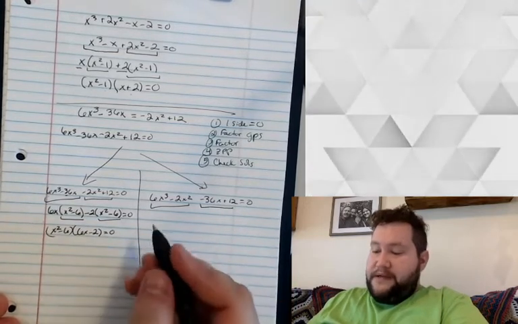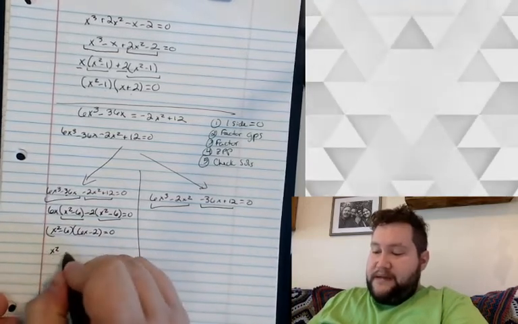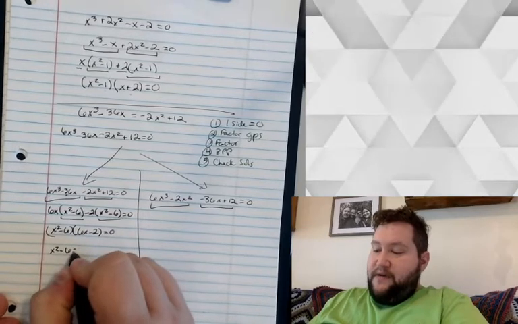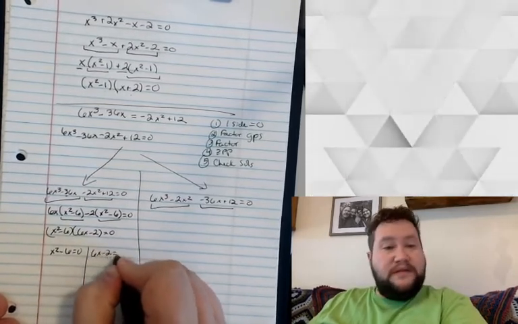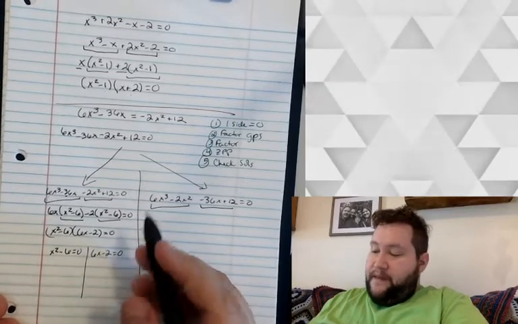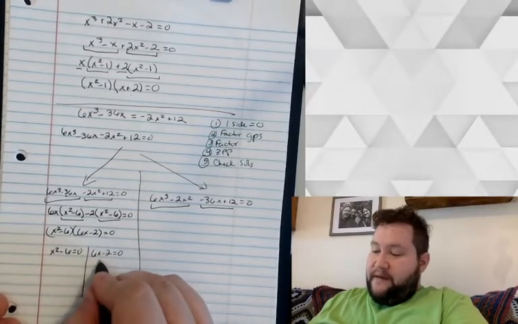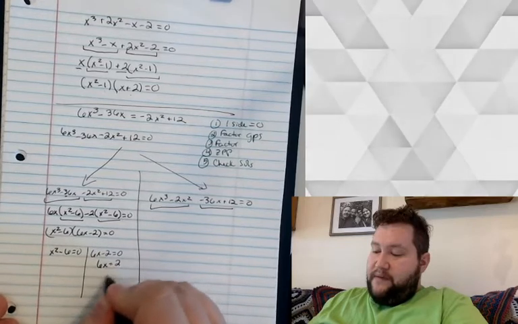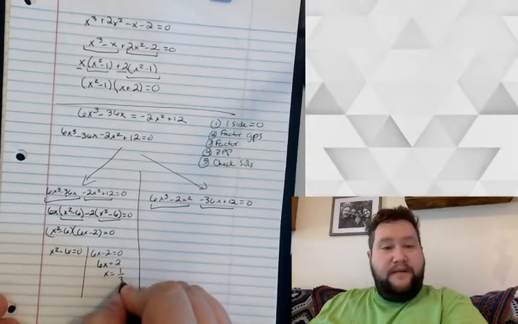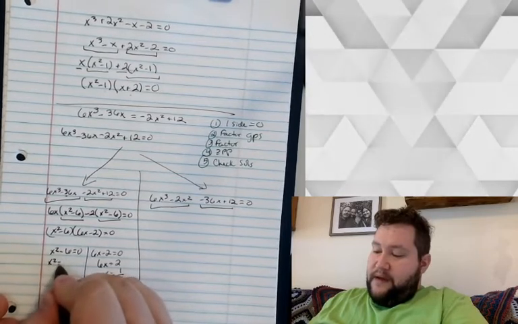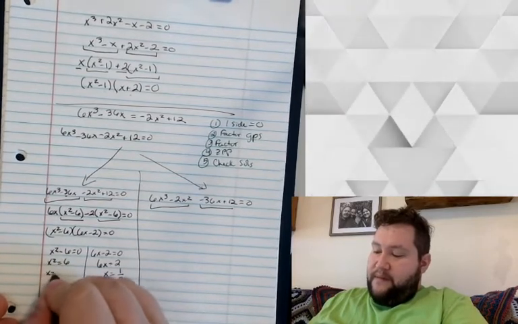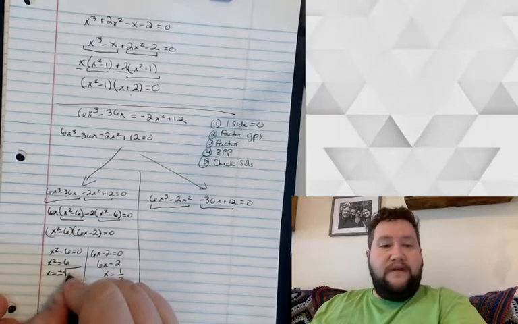Zero product principle says then that x squared minus 6 is equal to 0, or 6x minus 2 is equal to 0. This one on the right is a little bit easier. 6x equals 2, x equals 1/3. X squared equals 6 here on the left, so x equals plus or minus the square root of 6.